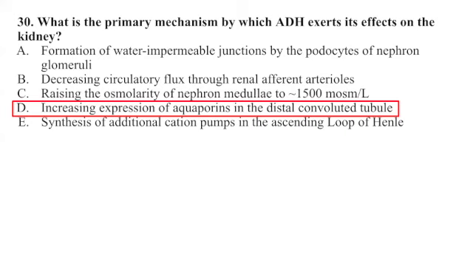Statement C is incorrect because elevated osmolarity in the medulla is regulated by reabsorption of salts from the ascending loop of Henle, which lacks ADH receptors. Statement E is incorrect because ADH targets water channels and not ion channels.